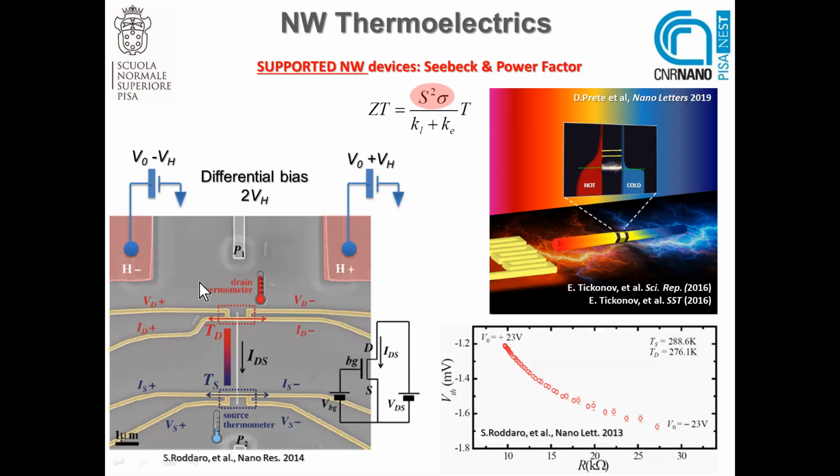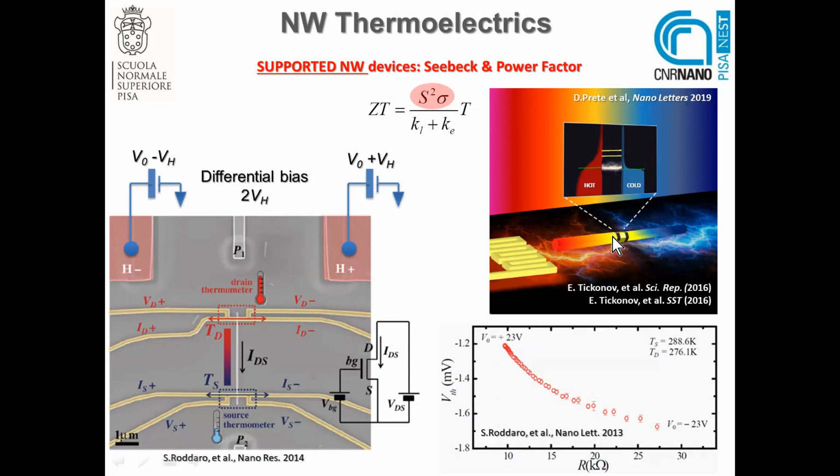And this can be done using simple homogeneous nanowires, where you can go, for instance, for the modulation of the Seebeck coefficient in a wide resistance range, and we also have used more complex nanowire heterostructures like nanowire quantum dots.